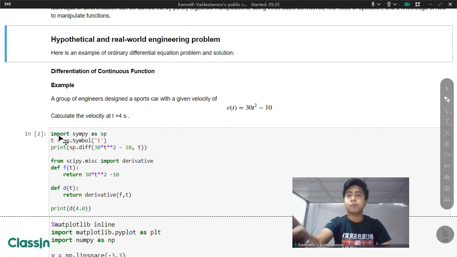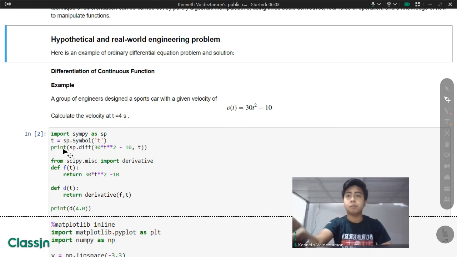So first, we'll import SymPy as sp, and then we'll create a variable. In this case, I've chosen variable t, and that'll be sp.Symbol t, and to differentiate that by doing sp.diff, and we'll put the function 30t squared minus 10 with respect to t.